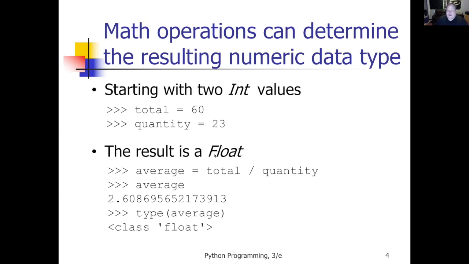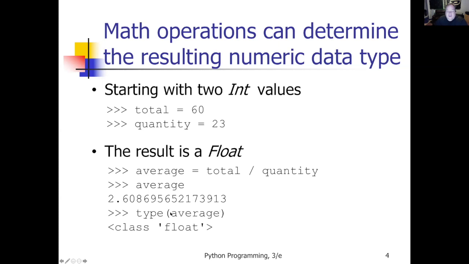So I've assigned 60 to the variable called total, 23 to the variable called quantity, and dividing total by quantity, I take that result and assign it to a variable called average. So what is in average? Average is going to be 2.6, this big long number.